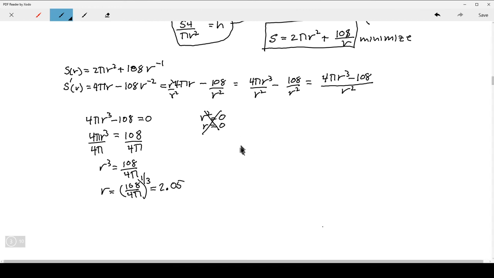So our can has a radius of 2.05 inches. All right, so what about the height?